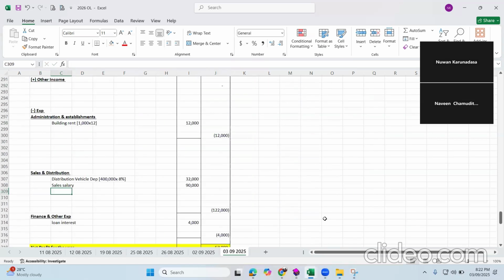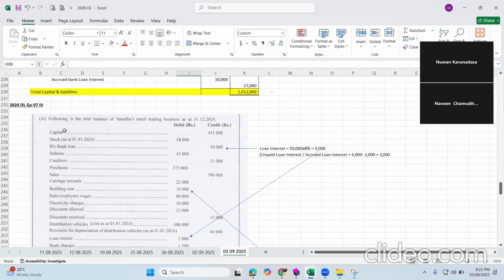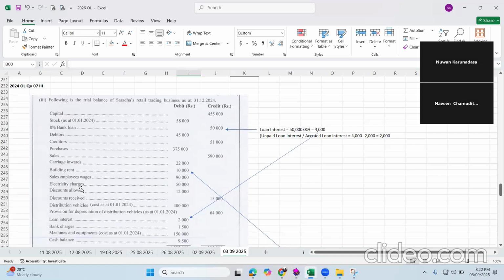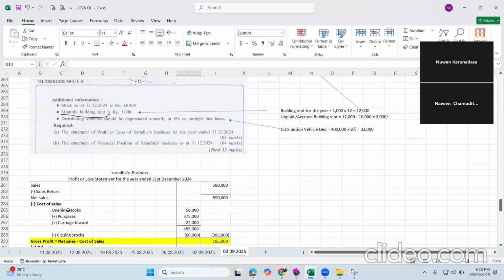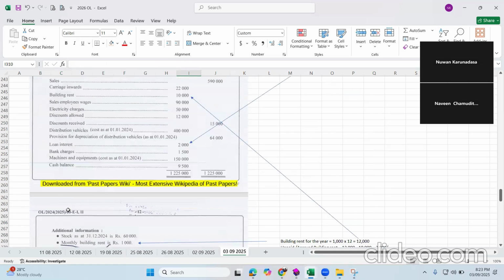Electricity 50,000 admin. Then discount allowed 12,000.